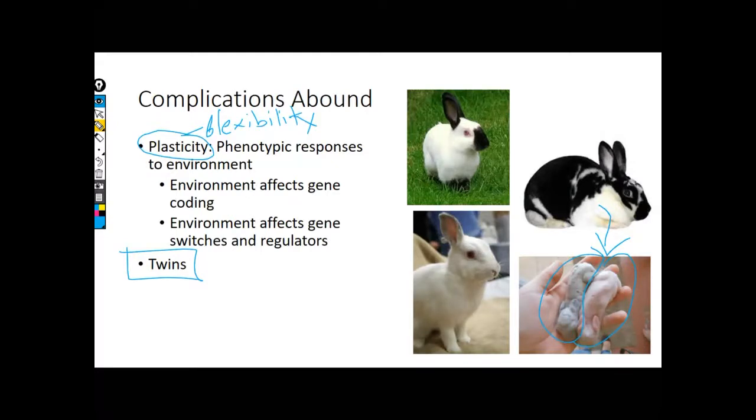So this is what we're talking about when we're talking about plasticity. They have the same DNA. We don't have different alleles or different genes or any of that business. It's just the effect of having different environments activate different proteins that are already there.